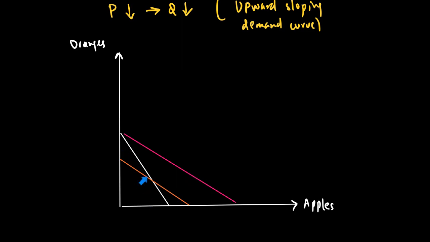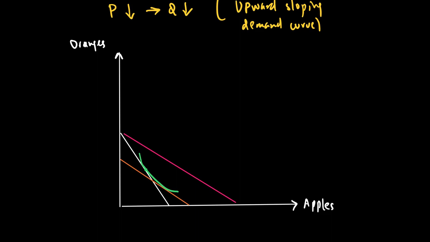Now the white line is where I am originally going to be, the orange line is where I will be after my substitution effect, and the pink line is where I will be after my price effect. So I'm going to make my indifference curve at a point sort of here.